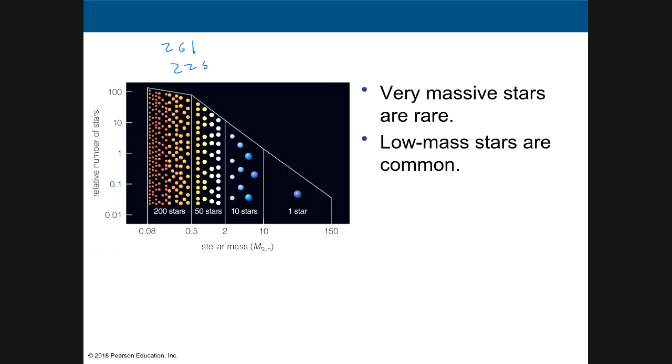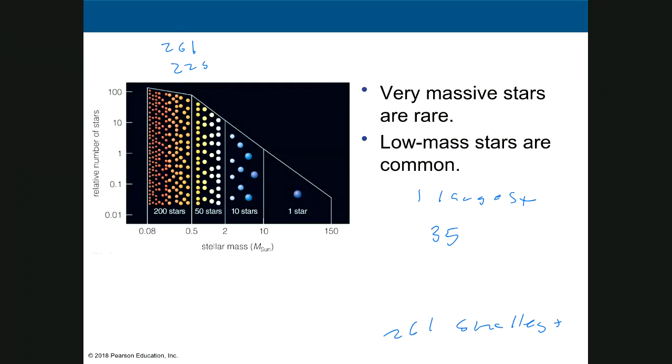So if we were ranking our star from largest to smallest, with 1 being the largest and 261 being the smallest, the sun would come in at about 35th or 36th. That's pretty high on the ranking list, right?